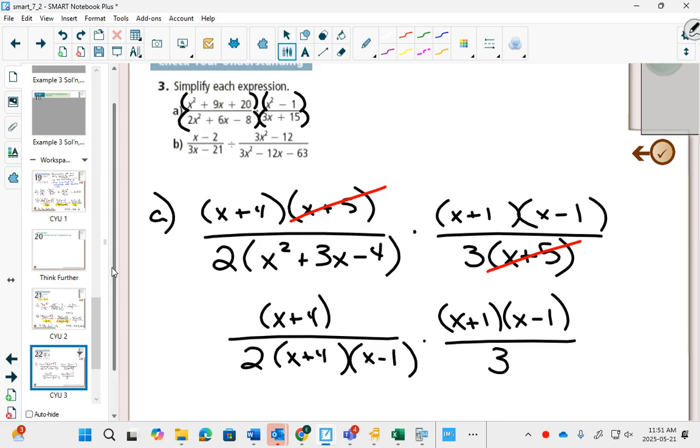Okay, now we're still multiplying. Now do we have anything identical? Yes. Those x plus 4s will cancel. And x minus 1s will cancel as well. Look at my numbers, if anything can simplify. Doesn't look like it.